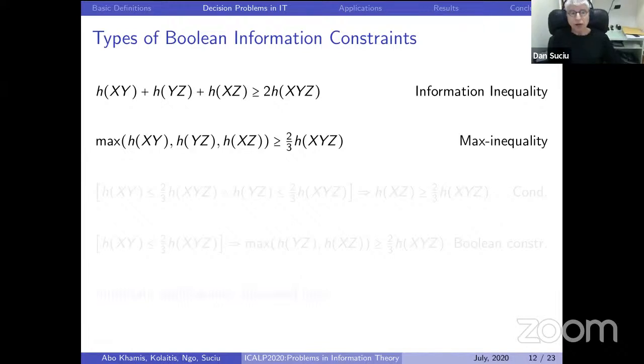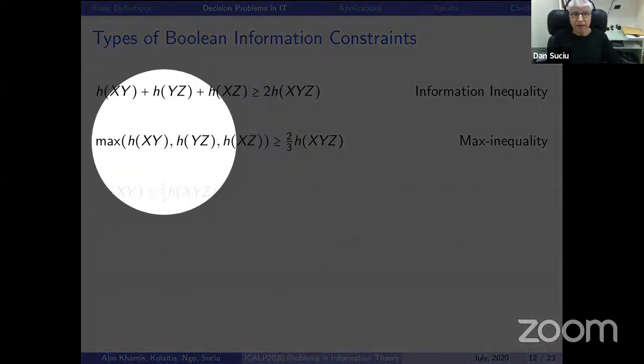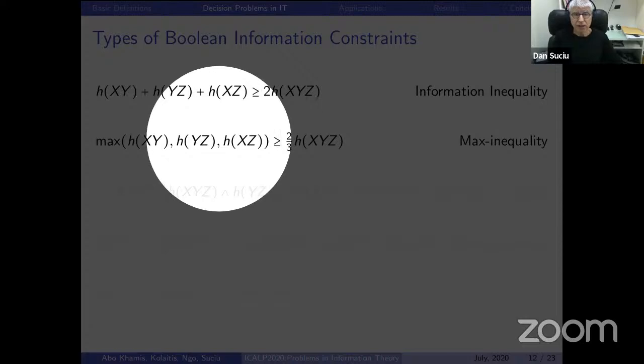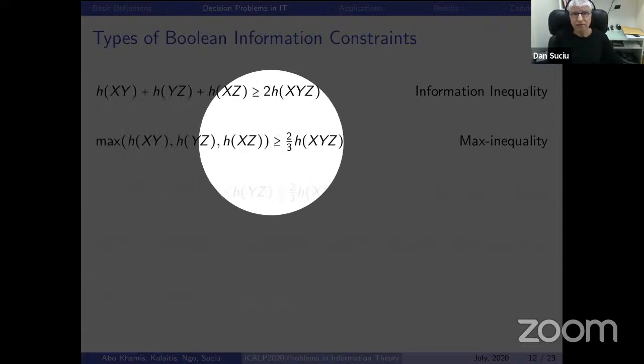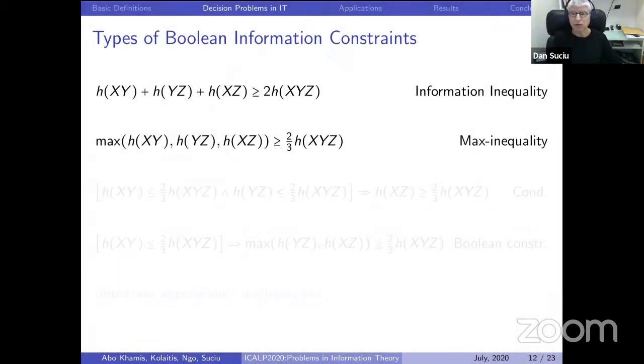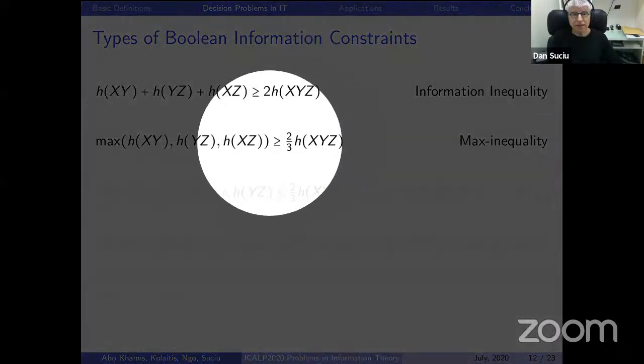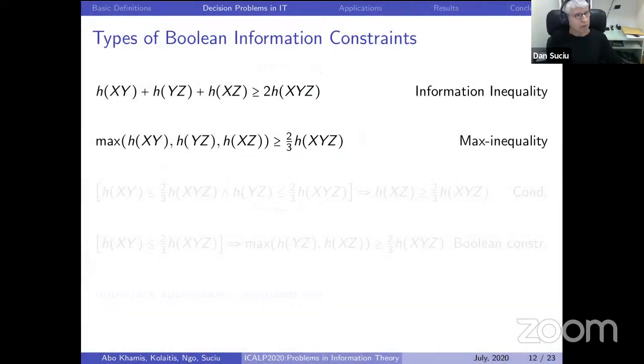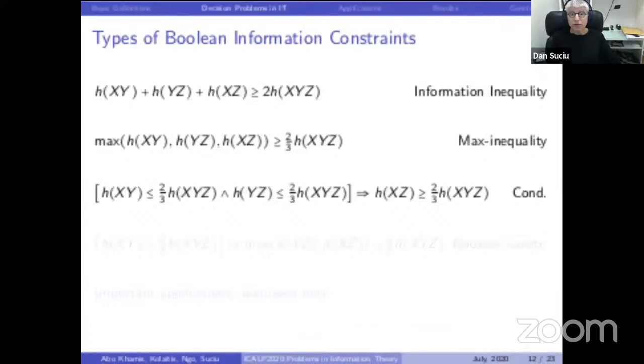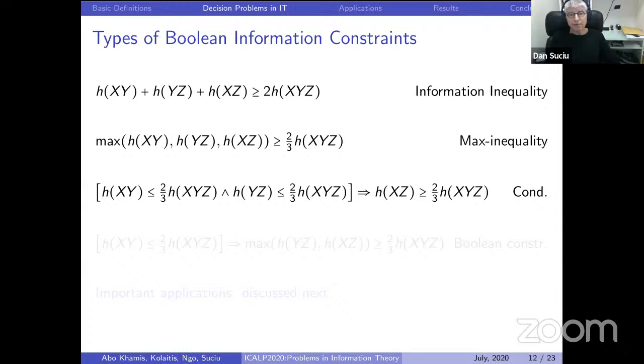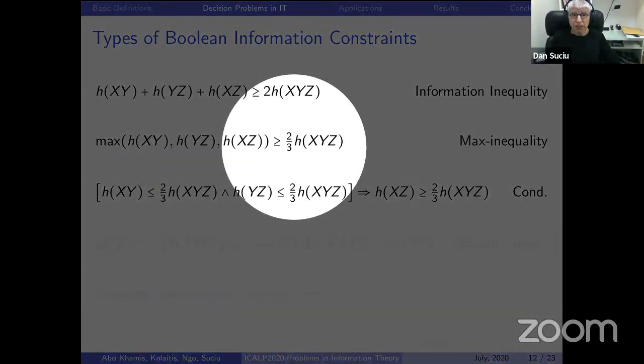More generally, you can consider, for example, taking the maximum of some terms, and then we can check that the maximum of these terms is greater than or equal to another term, because it's a max inequality. We proved recently that these inequalities are equivalent to a problem in database theory, namely the problem of checking containment of conjunctive queries under bag semantics, which is another open problem. You can further generalize it by taking conditional inequalities.